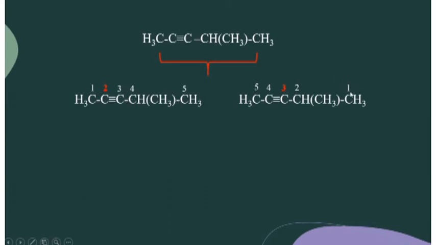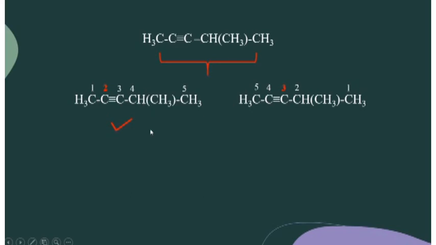Same here, this CH3 is at 1, then 2, 3, 4, 5. Out of these two, which is the correct one? Here, the functional group is at 2 position, while here it is at the 3 position. See, first we have to see the functional group. Priority always goes to the functional group, then to the substituent. I know the substituent is at 2 position. No. First see the functional group. Okay, so this is the correct one.